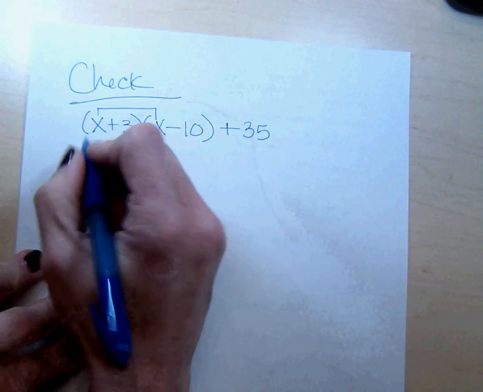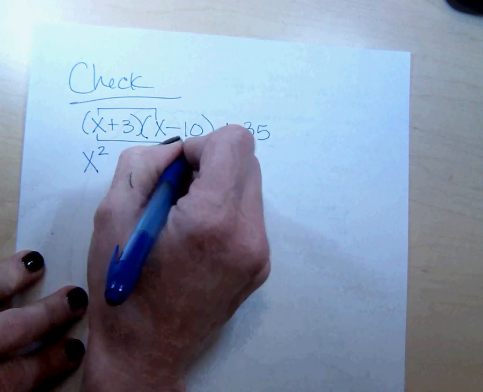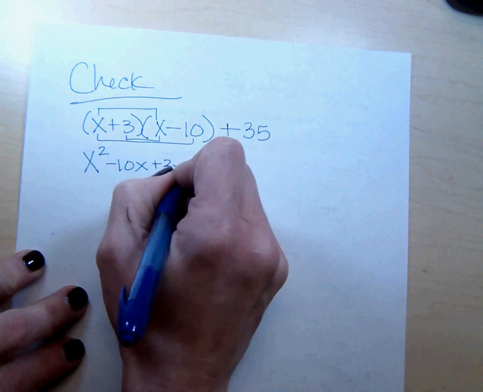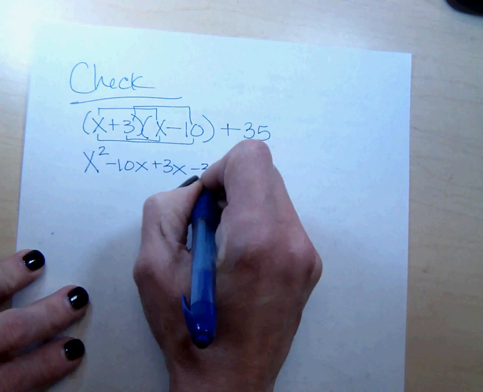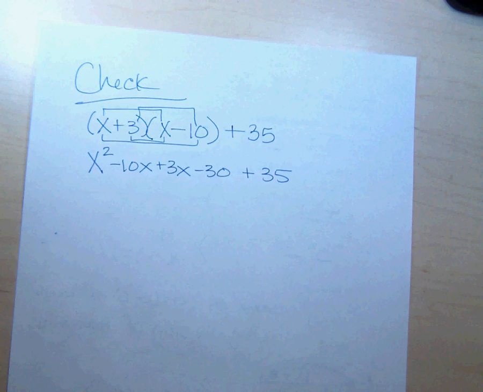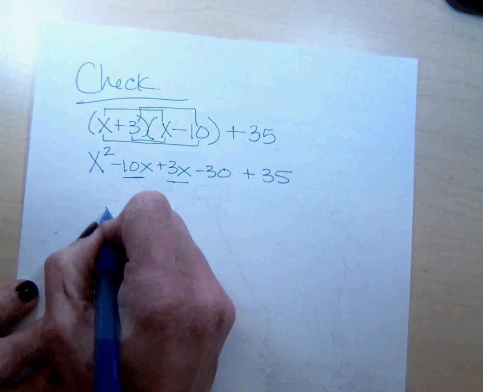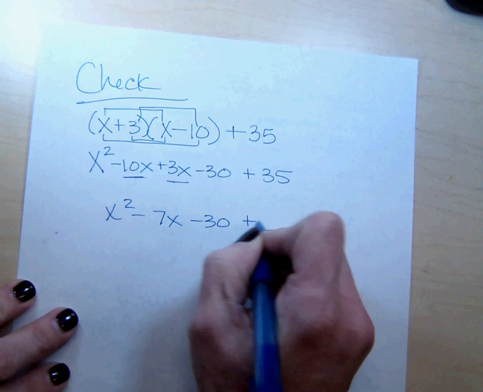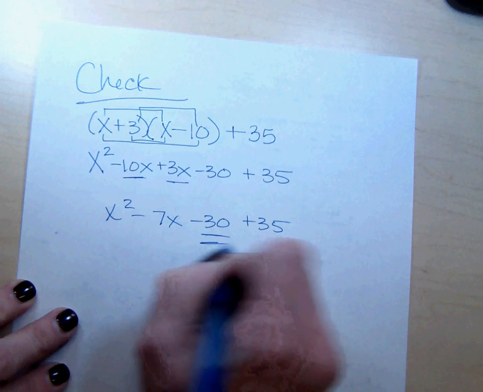So first I do FOIL. So x squared minus 10x plus 3x minus 30, and then I have that plus the remainder of 35. So like terms, x squared minus 7x minus 30 plus 35.